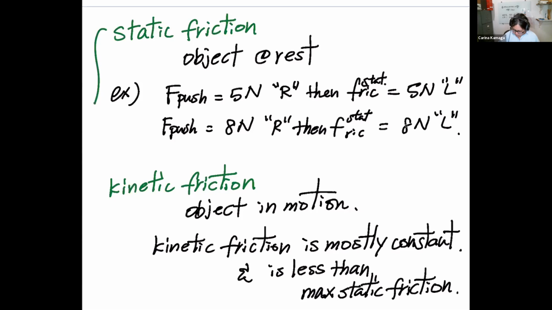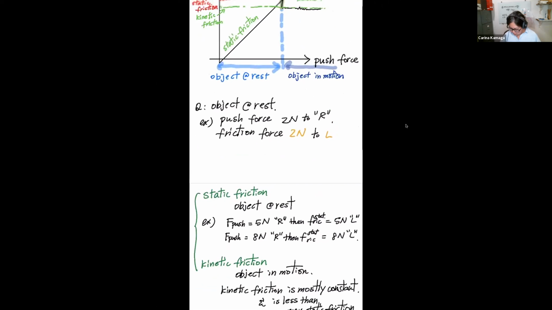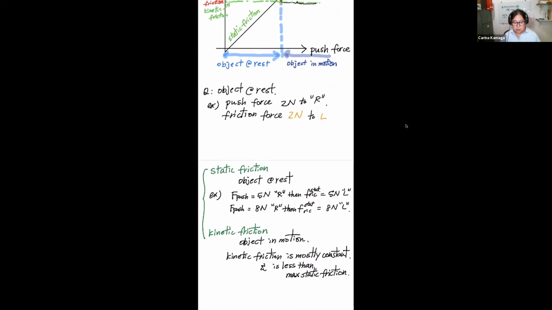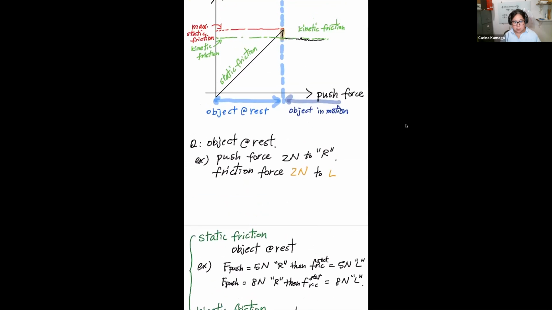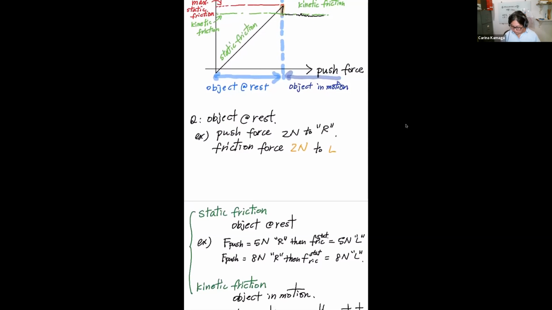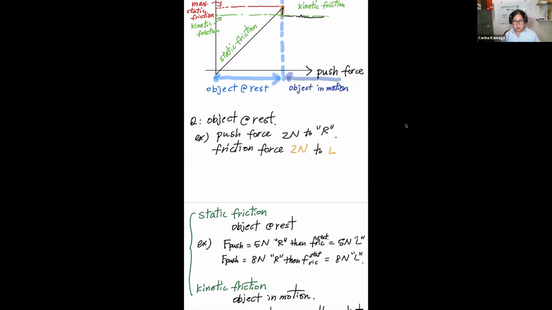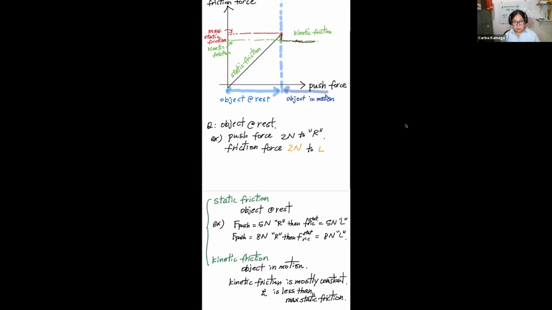So these are the characteristics of the two types of friction force, static friction force and kinetic friction force, as we have just seen.